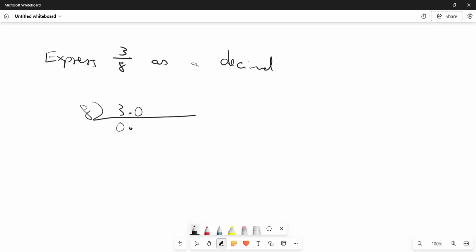Then you say 30 divided by 8, which is 3, 3 times 8 is 24. Add another naught here, 60 divided by 8 is 7. And you add another naught. How many remain there? 8 times 7 is what?